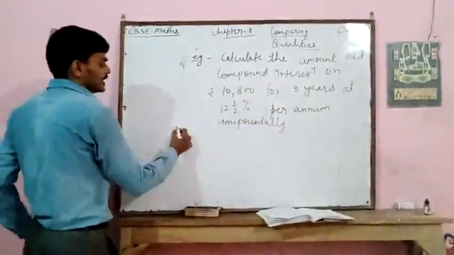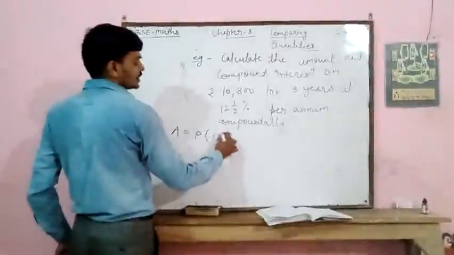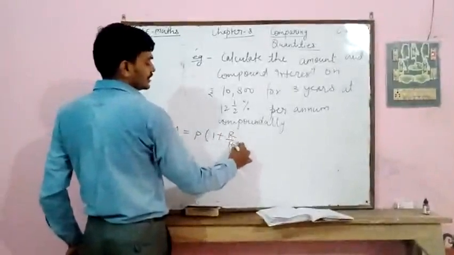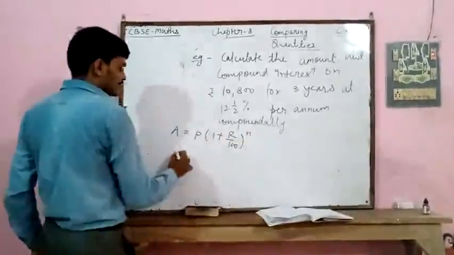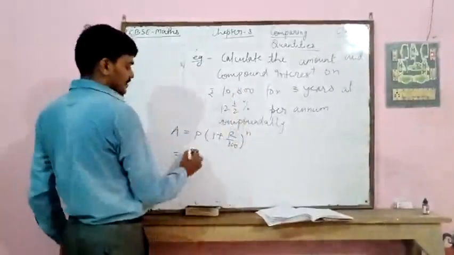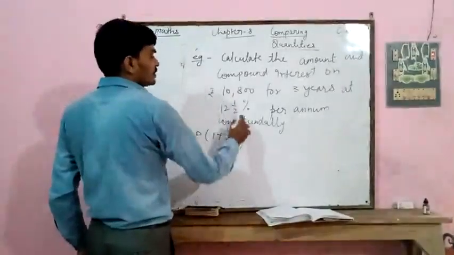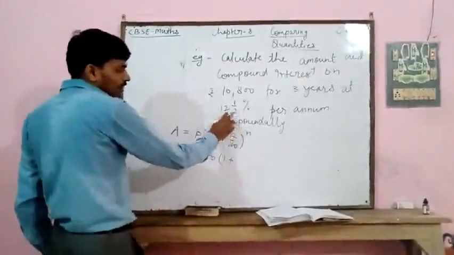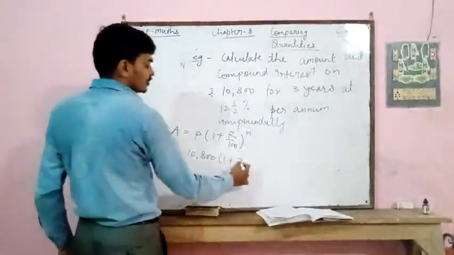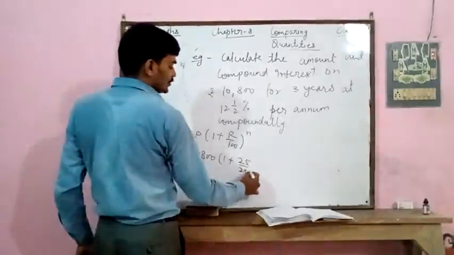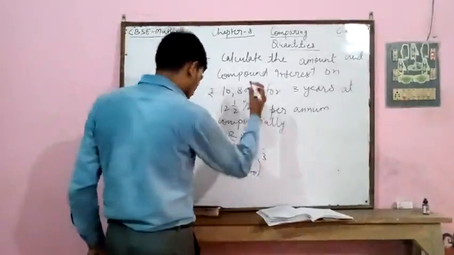Now amount A is equal to P (1 plus R upon 100) to the power n. A is equal to principal, this is the principal, 10,800 into (1 plus 12.5 upon 100) to the power 3.